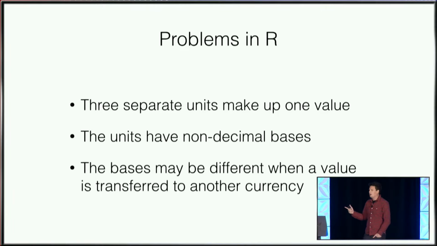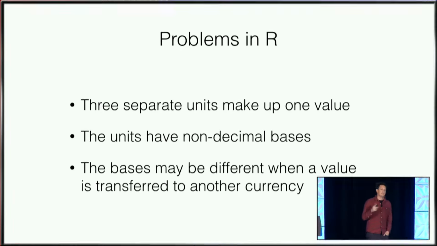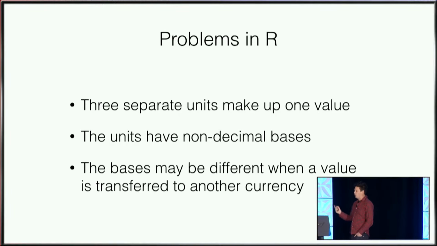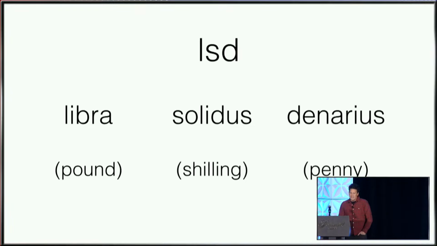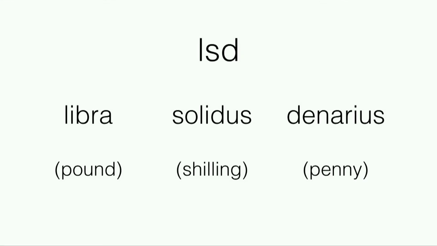So 20 and 12 is the most usual, but there's also 20 and 16, and there's 16 and 60 and 12, and all sorts of different things. Okay, so how did I get over this? In the debkeepr package, I created a class that I call LSD, which comes from the Latin names for pounds, shillings, and pence, libra, solidus, and denarius. So you're getting some Latin in here.